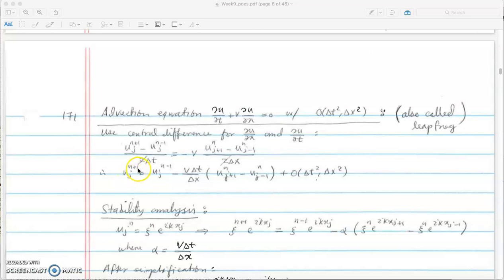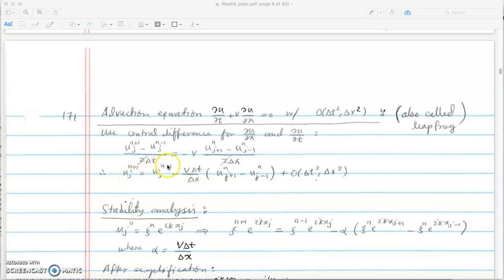To calculate the variable at point x of j and time n plus 1, we need to know the variable at point j and time n minus 1, and then the variables at j plus 1 and j minus 1 at time n. So we need to know 3 values to calculate the variable at time n plus 1 and xj.